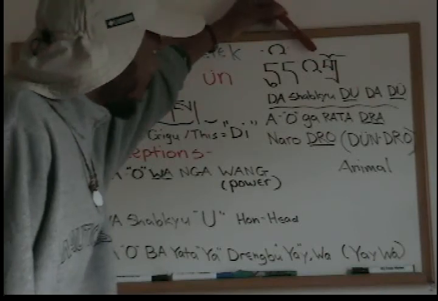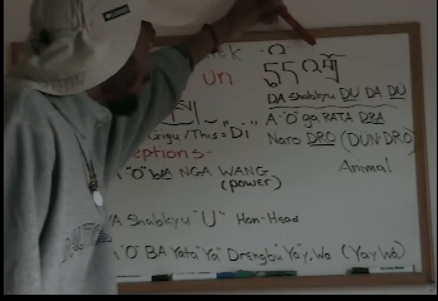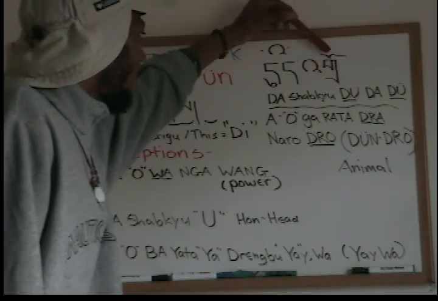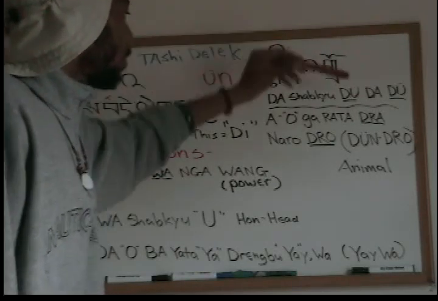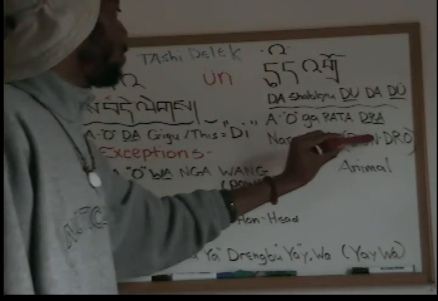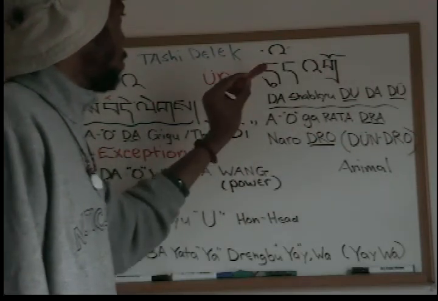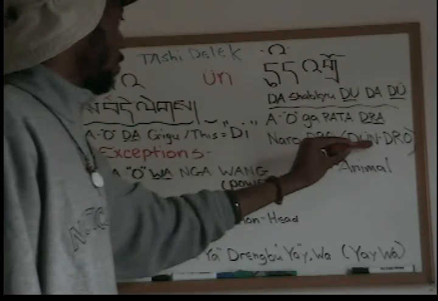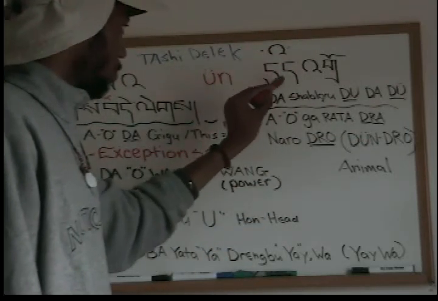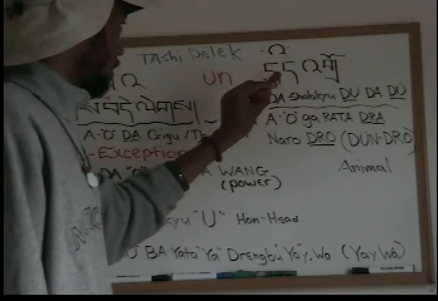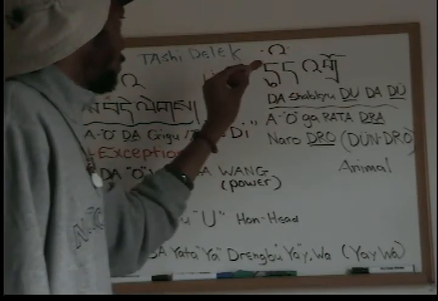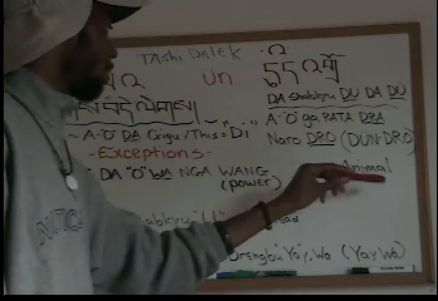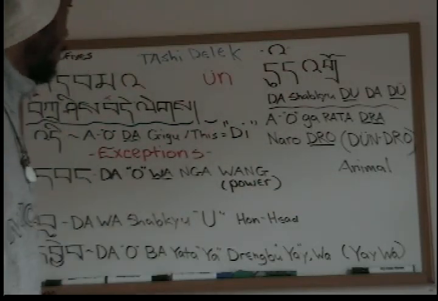A, o, because you have the prefix. So a, o, ga, rata, dra, naro, dro, dundro. So this is dundro. See, there's your un. And the reason why it's nasal is because you have this prefix here and this ends with a vowel. So we have dundro. And that means animal.